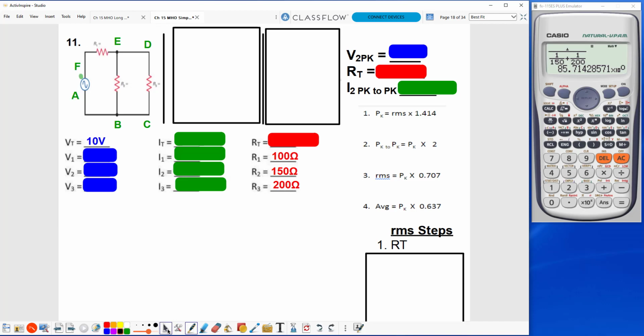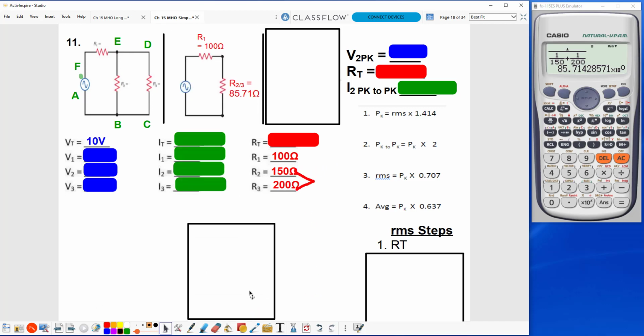Of course, since R1 is there, it's not parallel, it's combination. But the first step I'm going to take is to combine the values of R2 and R3 in order to find my RT value.